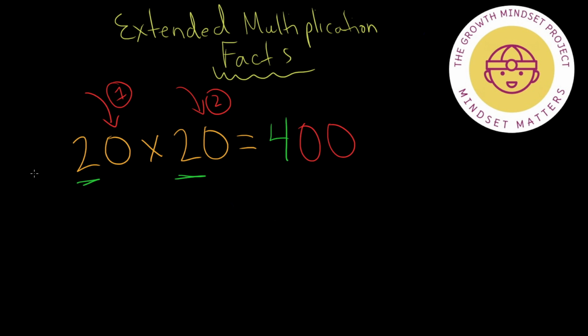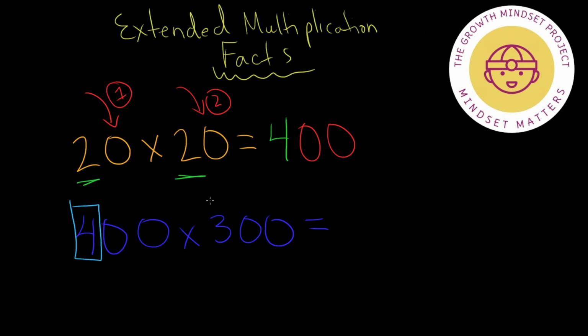We could do, let's do 400 times 300. That's going to be a real big number. But that's okay, because we know our extended multiplication facts. We are going to take our numbers. Let's start. 4 times 3.